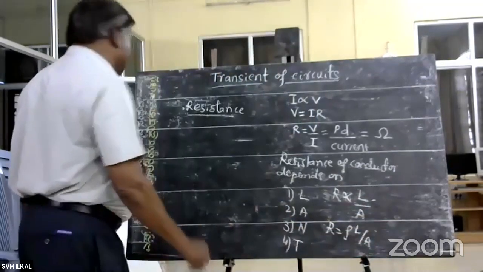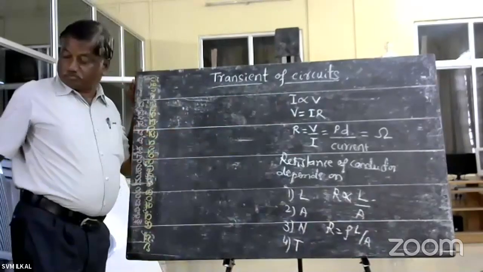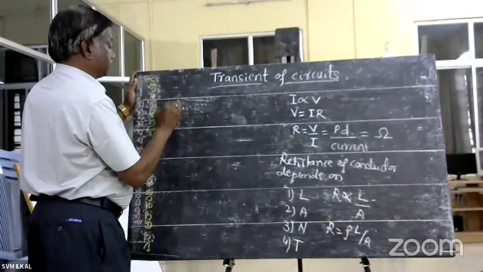What is rho? Rho is the resistivity of a conductor, or specific resistance.